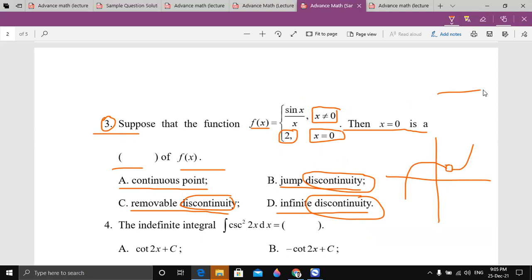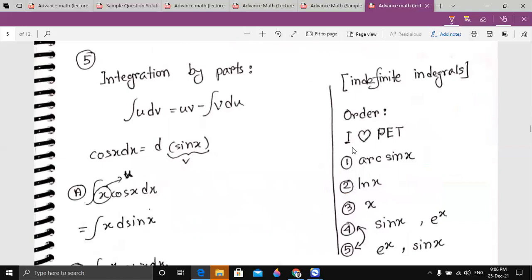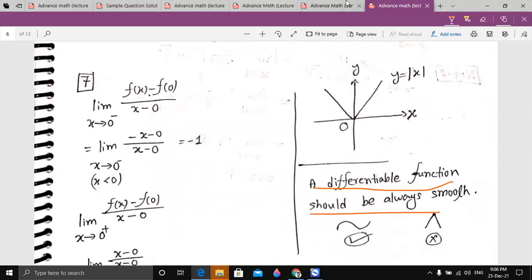Or here this function is not smooth, right? We get some kind of corner here. So a function that is differentiable is always smooth, as our teacher told us.